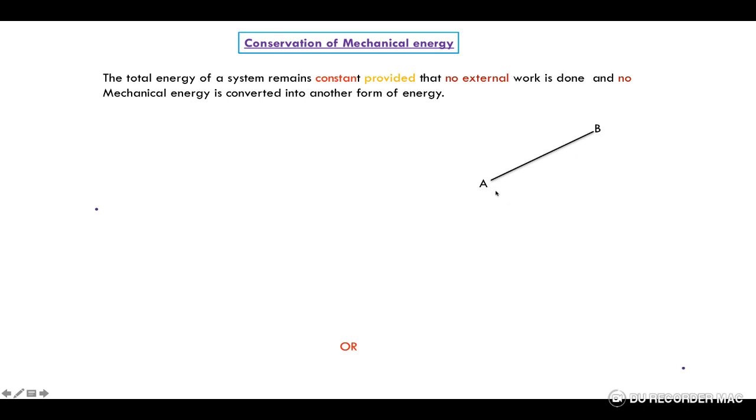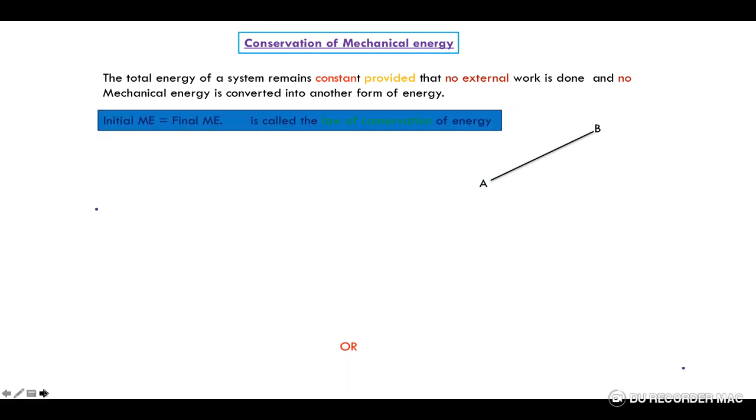So we can say if the object is moving on a plane at a certain slope, mechanical energy at B will be equal to mechanical energy at A if there is no external force, or we can say if the contact is not rough. So initial mechanical energy is equal to final mechanical energy. This is the law of conservation of energy.